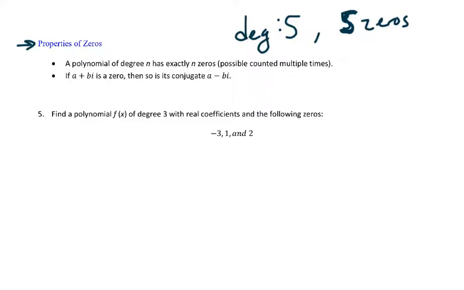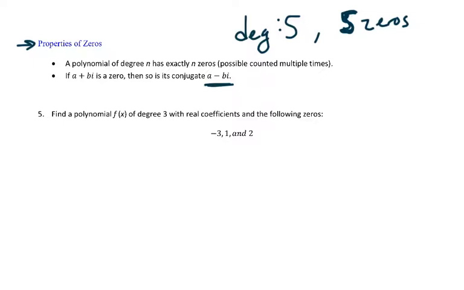So just keep that in mind. The second part of this is if a plus bi is a zero, then so is its conjugate, a minus bi.